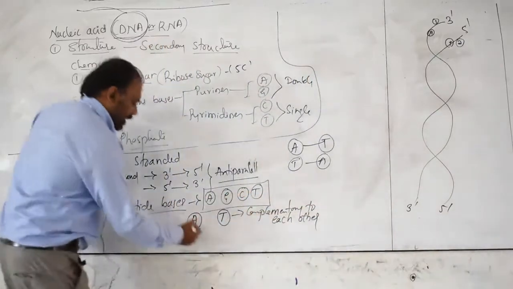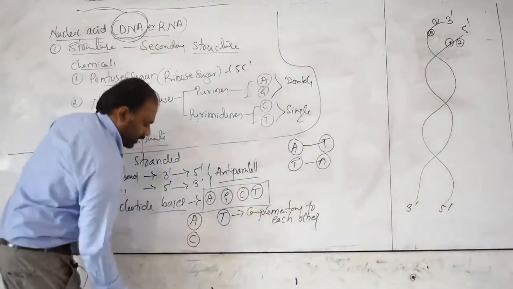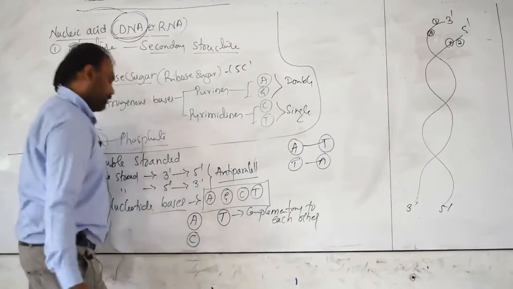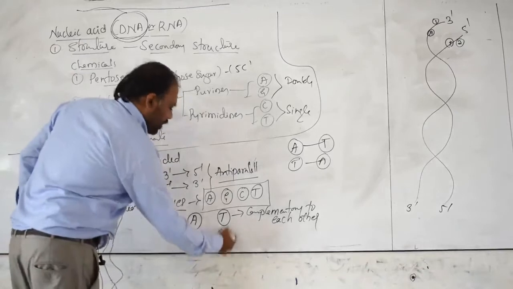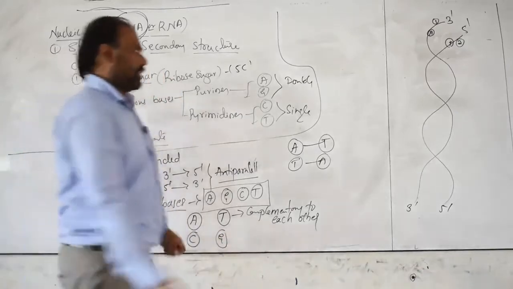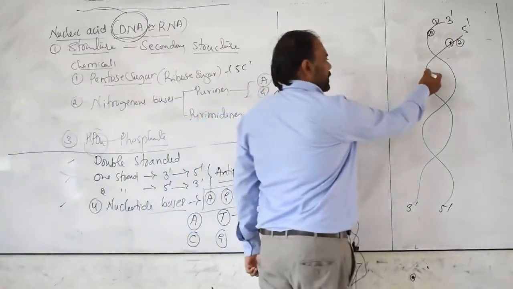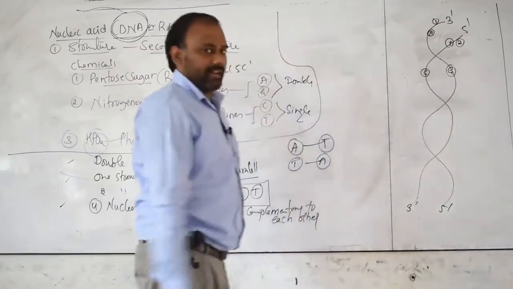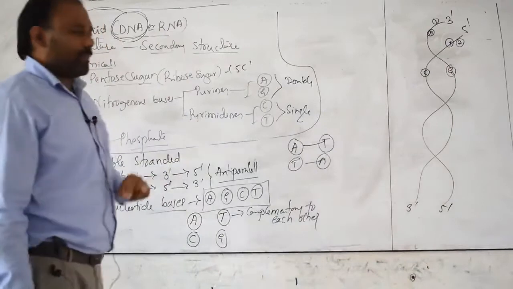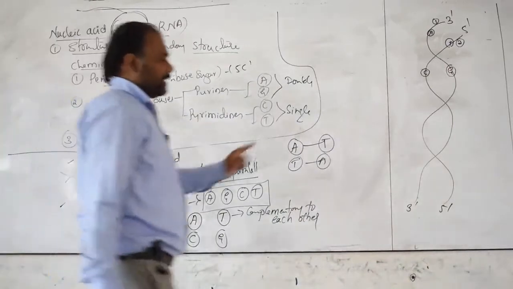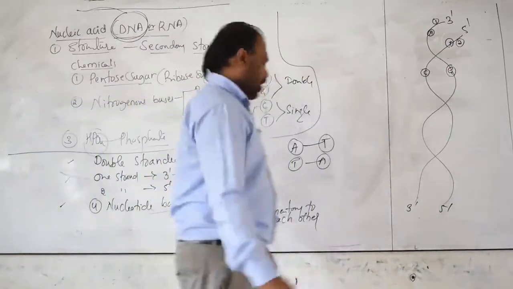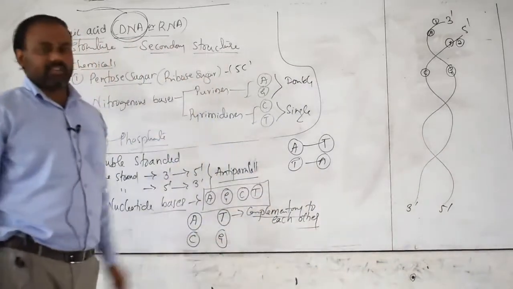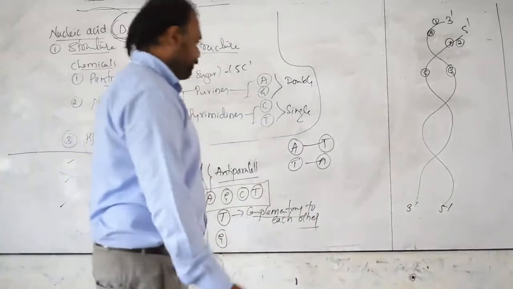Similarly, if I write cytosine or cytidylic acid, there must be a deoxyguanylic acid. I mean to say, if C is present in one strand, G is present in the other strand. This is called complementary strands. Hence these two strands are complementary to each other.